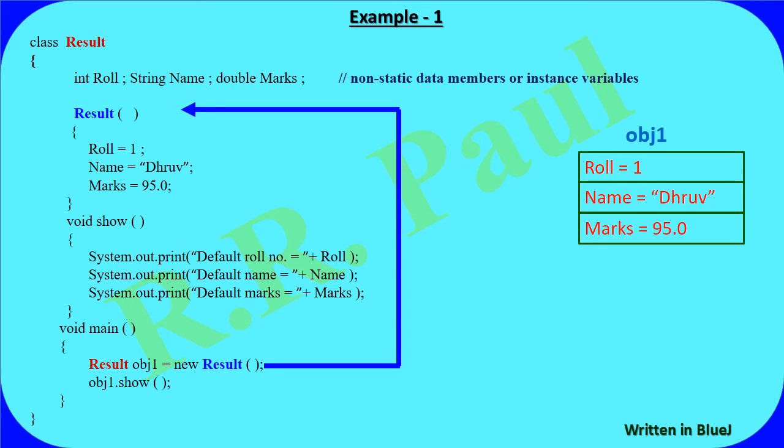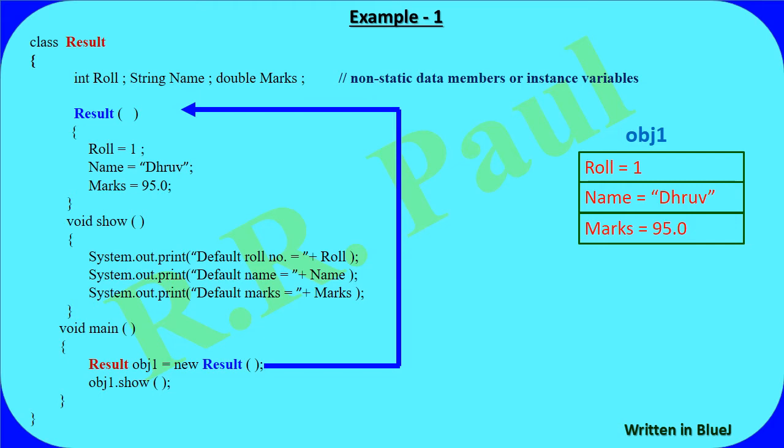In the main function, you can see the object creation of the result class. The name of the class result is written in brown color. The name of the object is obj1. The memory allocation for this obj1 object is done by the new operator. And result with brackets written in blue color is actually the constructor.